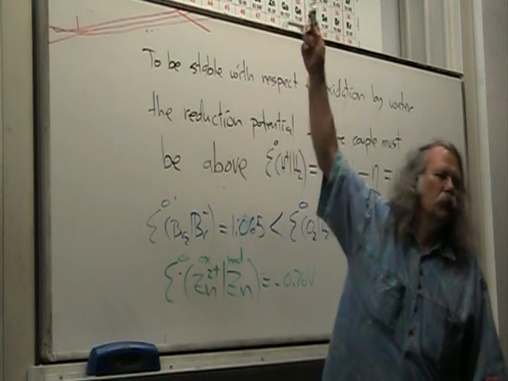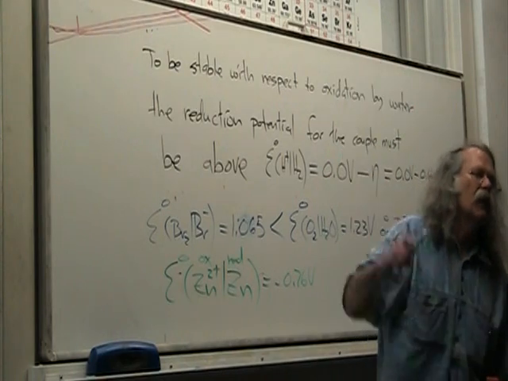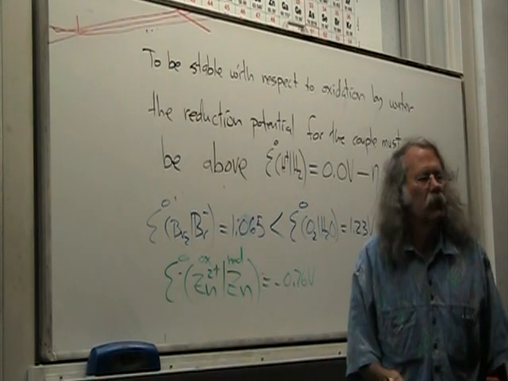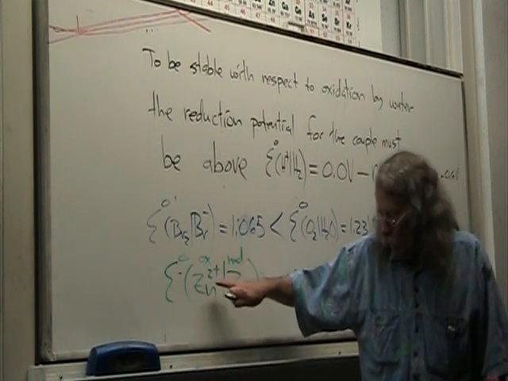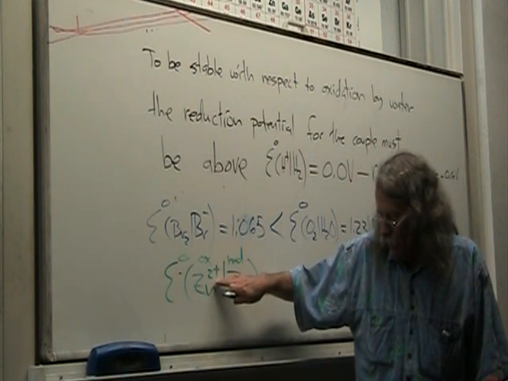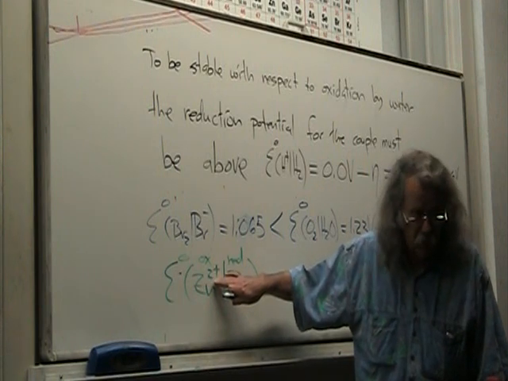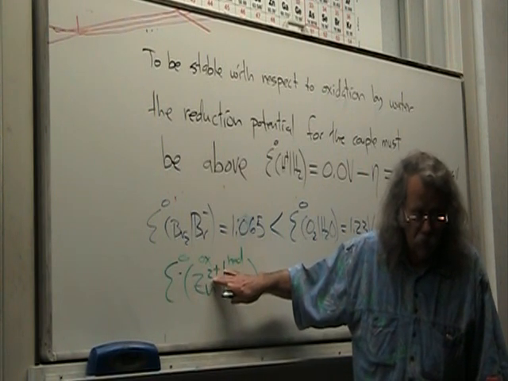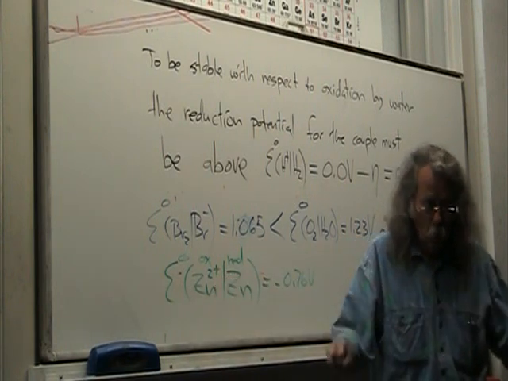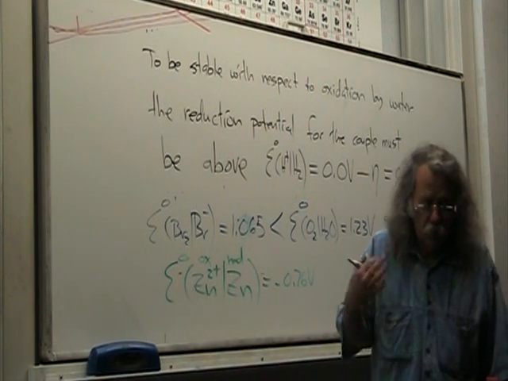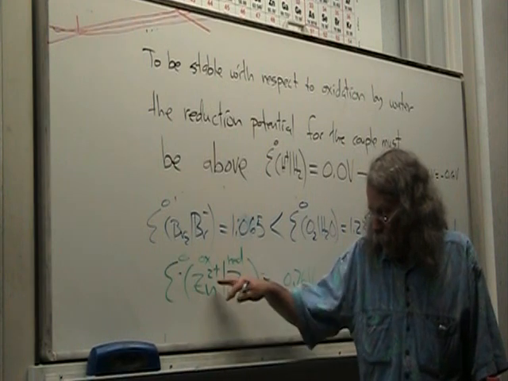It probably would have a very, very high reduction potential. But it's not found. So we don't have to worry about this. We're concerned about whether this is going to be reduced because it's the oxidized form. So it's stable in water with respect to being reduced.